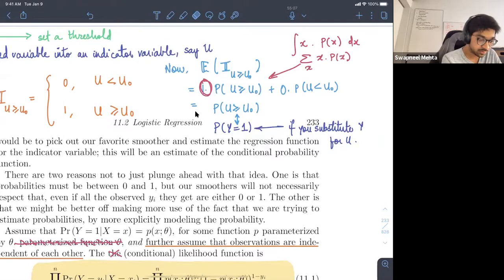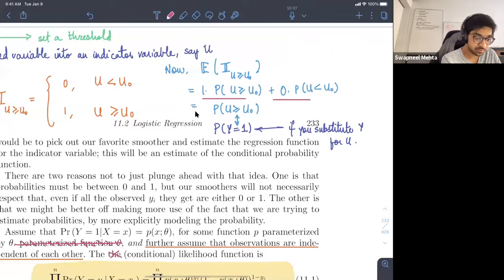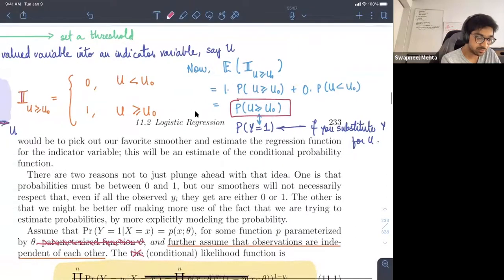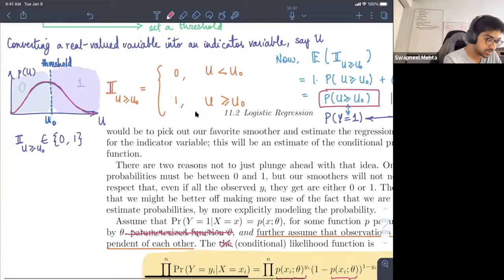And as we can see, that results in 1 times the probability of u greater than u naught plus 0 times the probability of u less than u naught. And 1 times this is just this. But now if we go back to the graph, the probability of u greater than u naught is basically just the probability that u is equal to 1.